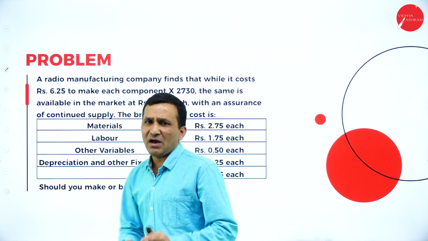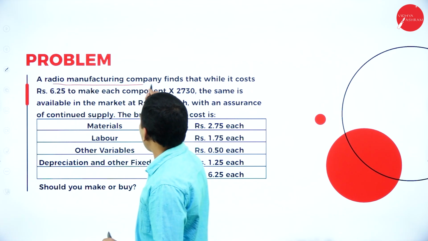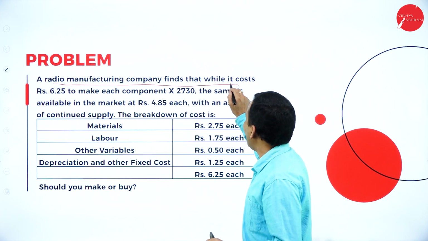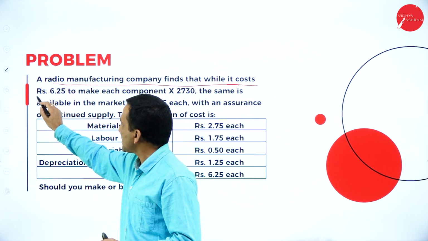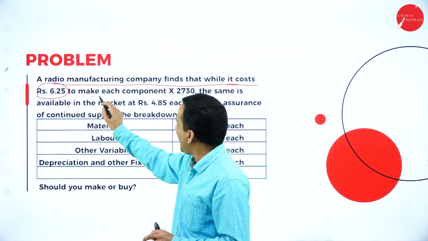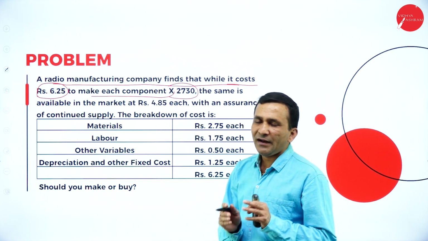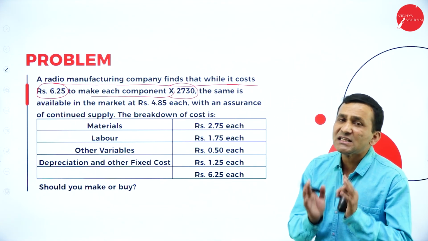Now there is one question to understand this much better. A radium manufacturing company finds that it costs 6.25 rupees to make each component, like 2730 X product.